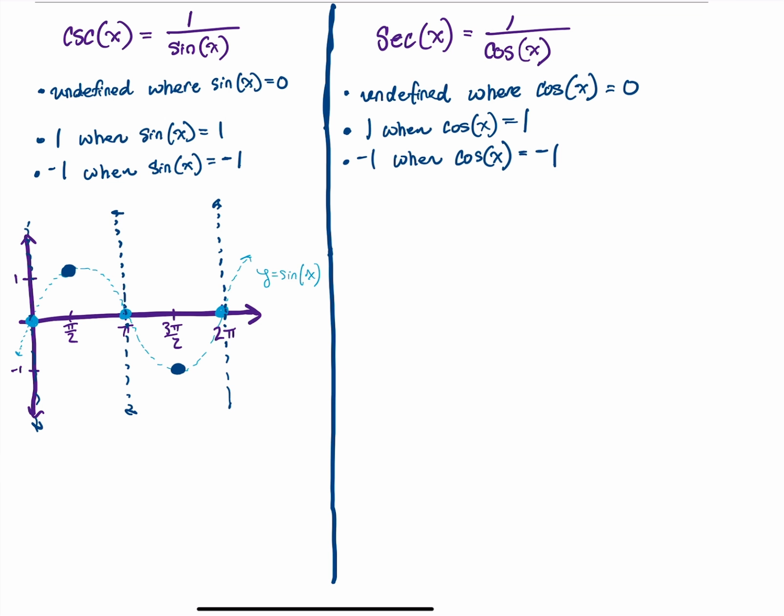And then the shape of the cosecant will look like parabolas on top of the sine graph, and down here it will be like a downward facing parabola. Let me make this a little bit nicer.